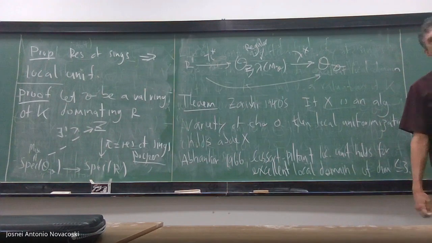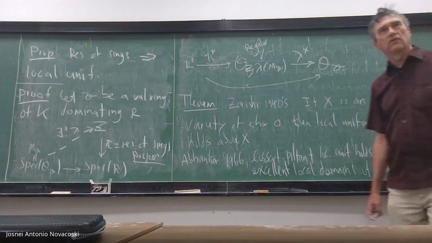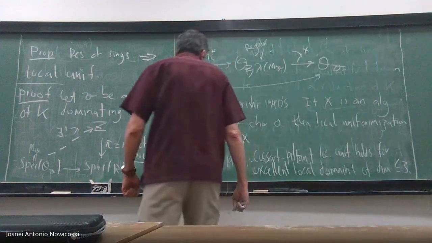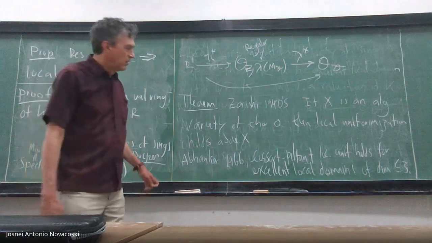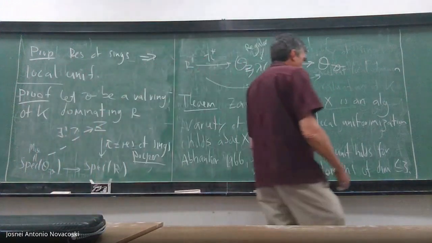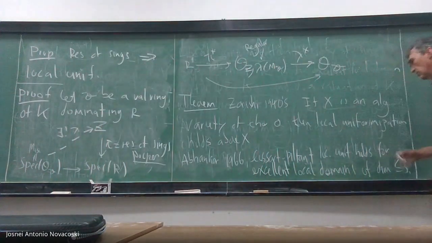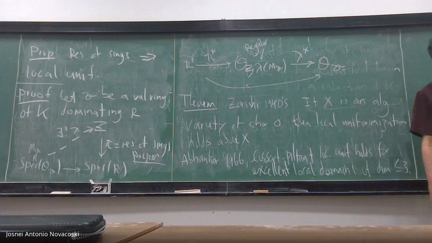We'll learn more about that. It doesn't exist in positive characteristic p, which one of Abhyankar's students, Narasimhan, showed. Because of this, it's much, much harder in these lower dimensions. But all of the proofs of resolution in dimension 3 use local uniformization, where they first prove it.